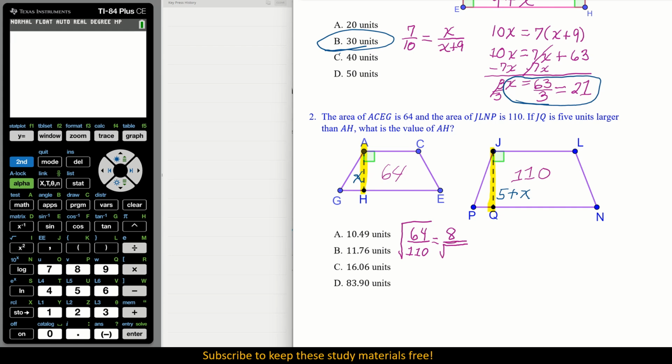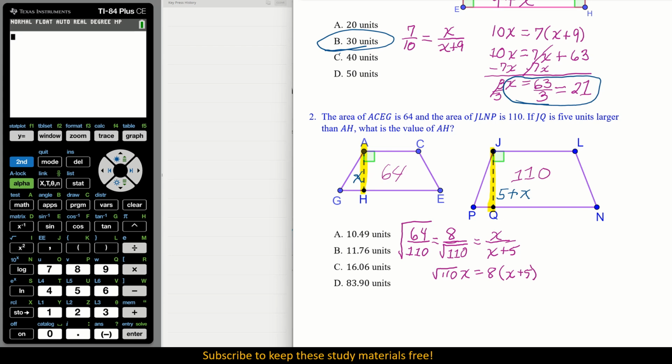There is no integer value, so we have to leave it under the square root for now. Now we can just set that up. The 8 is associated to x, and the square root of 110 is associated to the x plus 5. So that gives us the square root of 110 times x equal to 8 times x plus the 5.